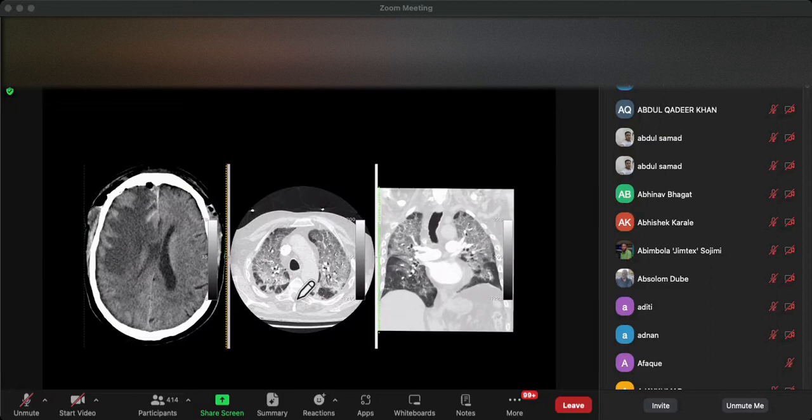What treatment would you give somebody with a massive brain tumor? Yeah, it's high dose steroid. This is PCP.